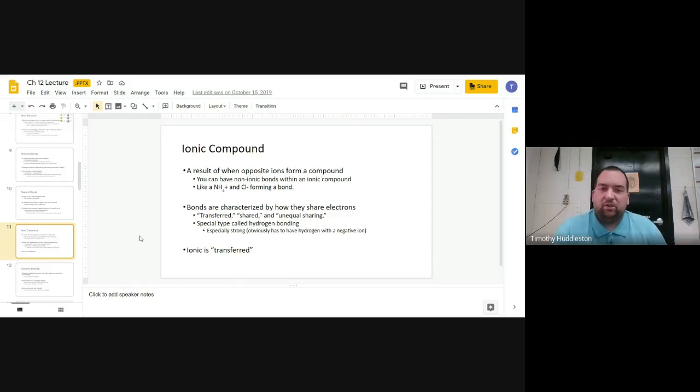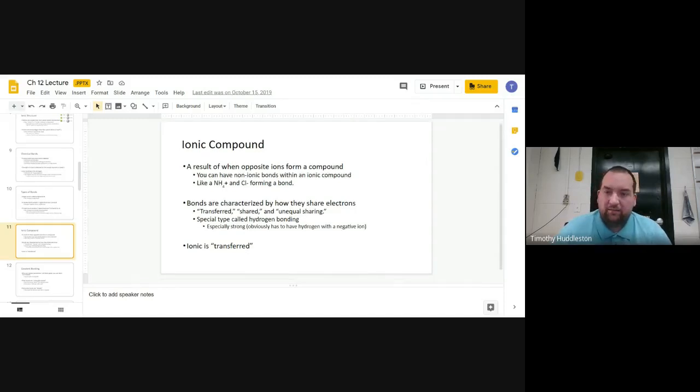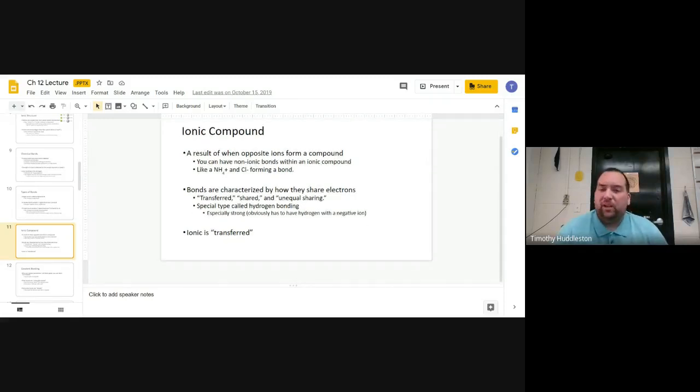Ionic compounds are a result of opposite ions forming a compound. Most people say it's a metal and a nonmetal, but I do not like that definition, because if I think about NH4 plus and Cl minus, this is not a metal. This is a positive ion and this is a negative ion, and they form ammonium chloride. An important point is you can have non-ionic bonds within an ionic compound.